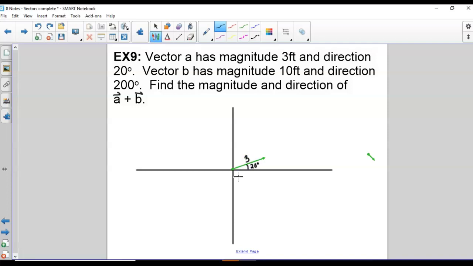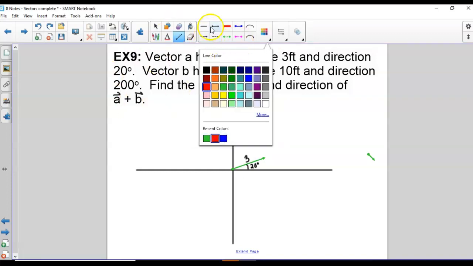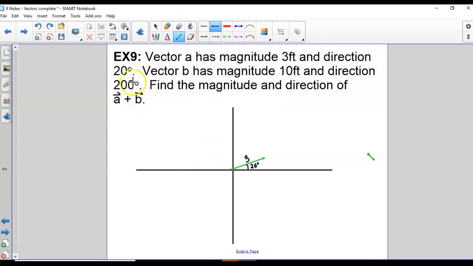Okay. Our second vector is going to have a magnitude of 10 feet in a direction of 200 degrees. So 200 degrees is going to be, right here's 180. It's going to be 20 degrees past that, which is going to put it right here.